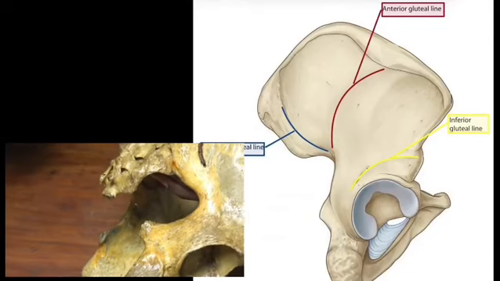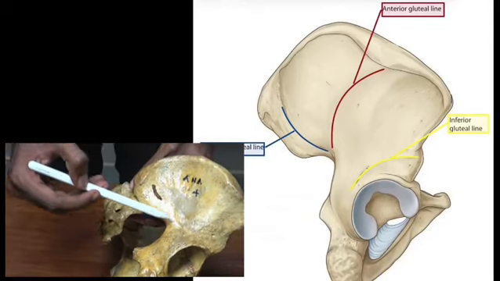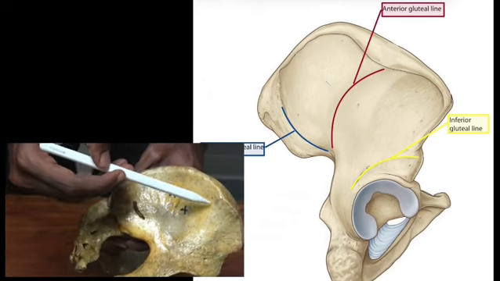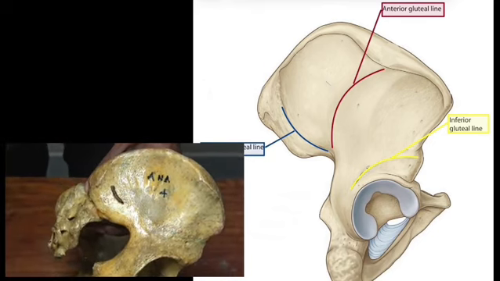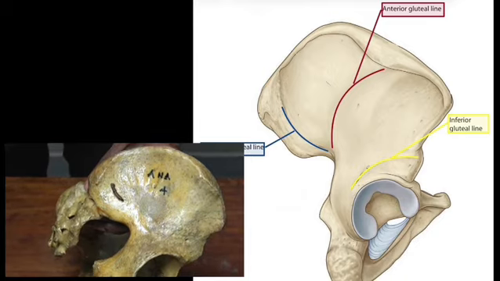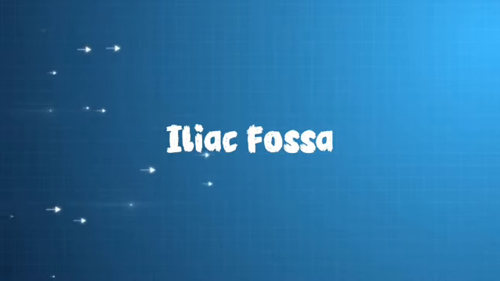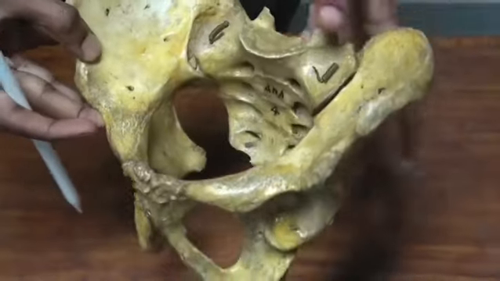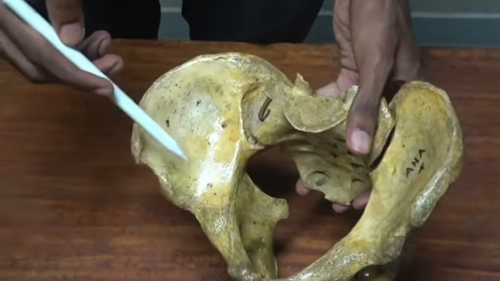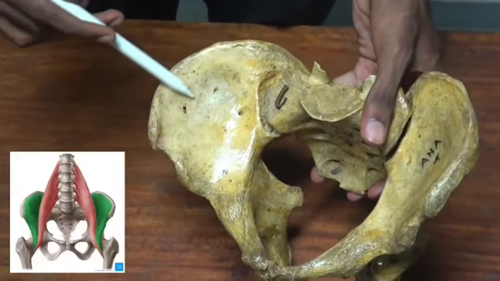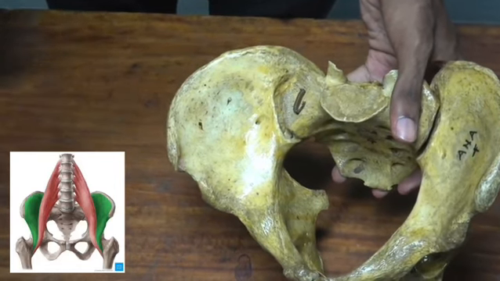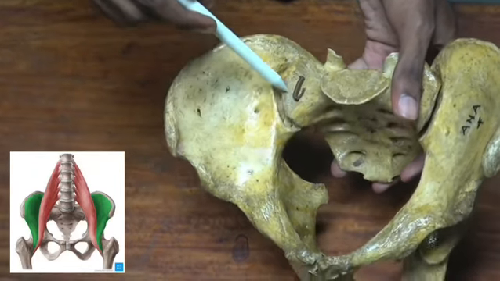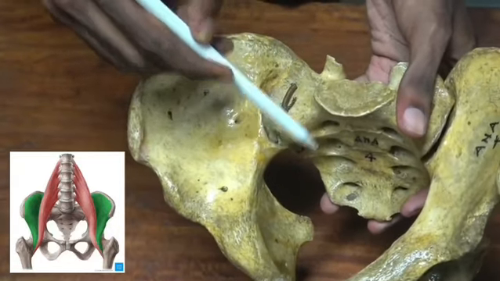The convex gluteal surface has three gluteal lines: posterior, anterior, and inferior, which provide attachment for the gluteal muscles in between. The concave pelvic surface is called the iliac fossa and gives origin to the iliacus muscle in the anterior aspect and the articular surface for the sacroiliac joint.